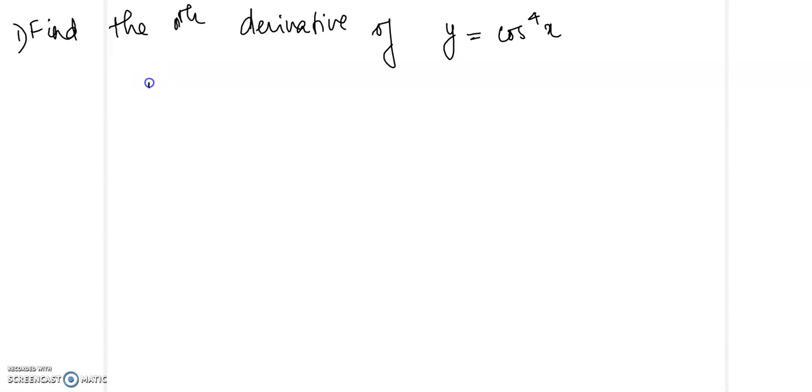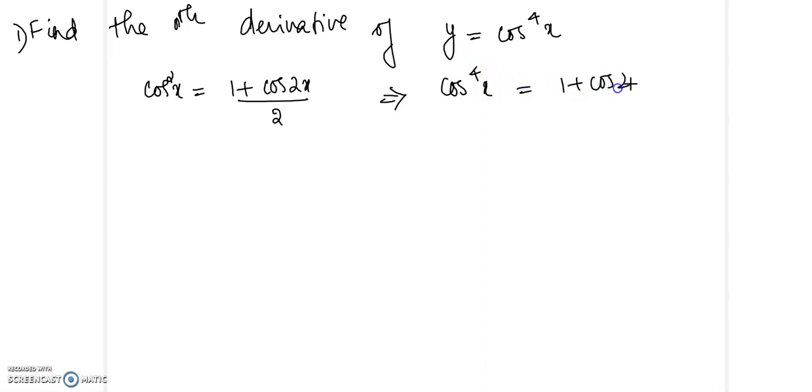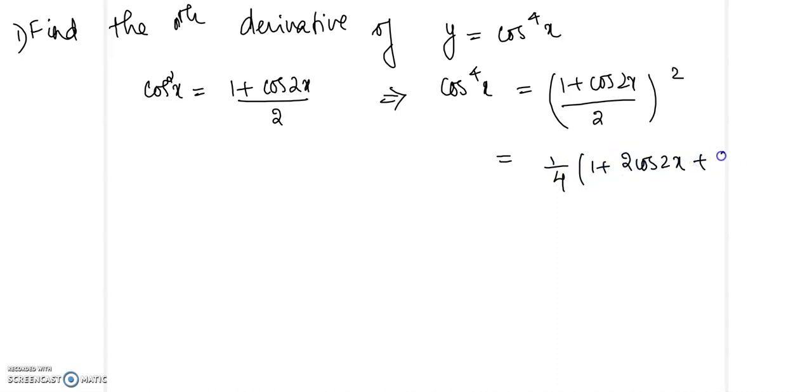So we have cos square x. So cos square x is 1 plus cos 2x by 2. So therefore cos raised to 4x will be 1 plus cos 2x by 2 whole square. So when you expand this, you will get 1 by 4 into 1 plus 2 cos 2x plus cos square 2x.